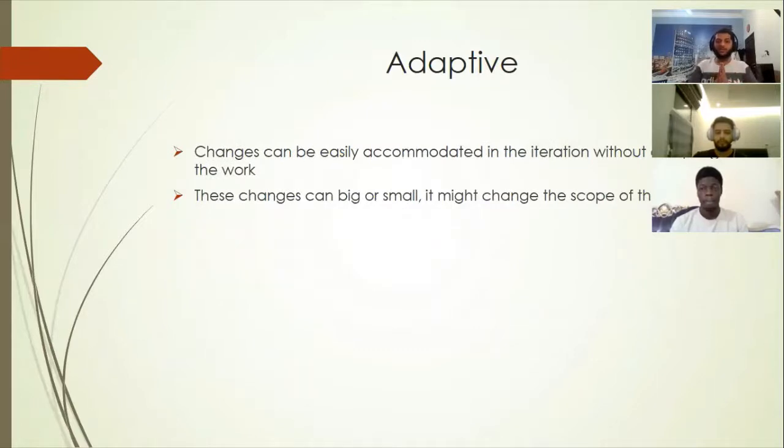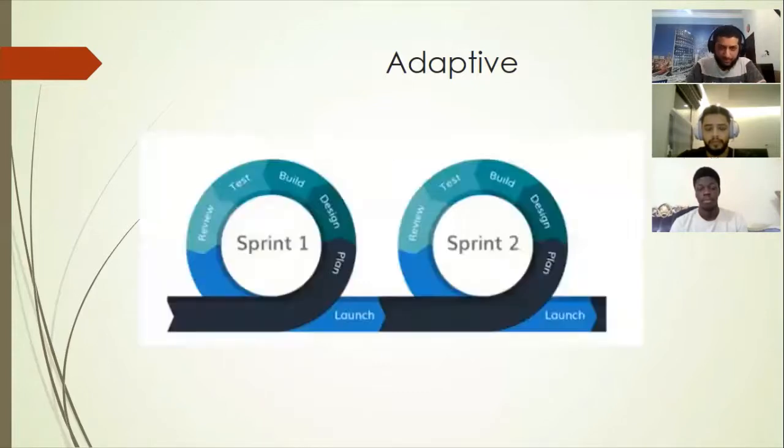But be careful, because these changes can be very big or very small, and can change the whole scope of the project. So as a professional manager, you need to be prepared for any changes that the clients want in your project, and deliver it as the stakeholders or the clients want.